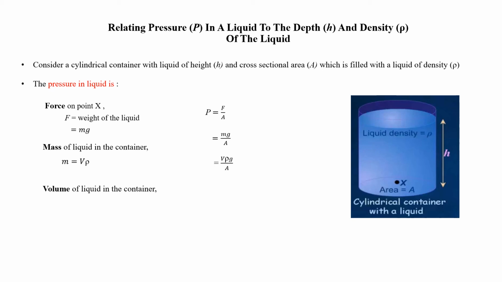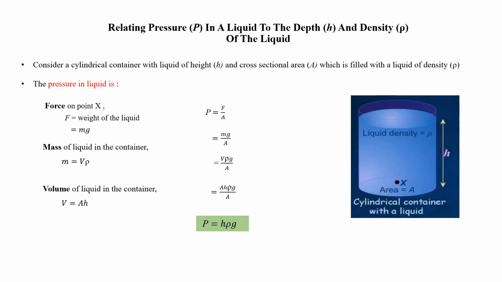The volume of liquid in the container is actually the surface area times the depth. So V is equal to A h. Then substitute the V with A h rho g per A. Then simplify the formula. Hence we get pressure in liquid is equal to the depth times density times the gravitational field strength.